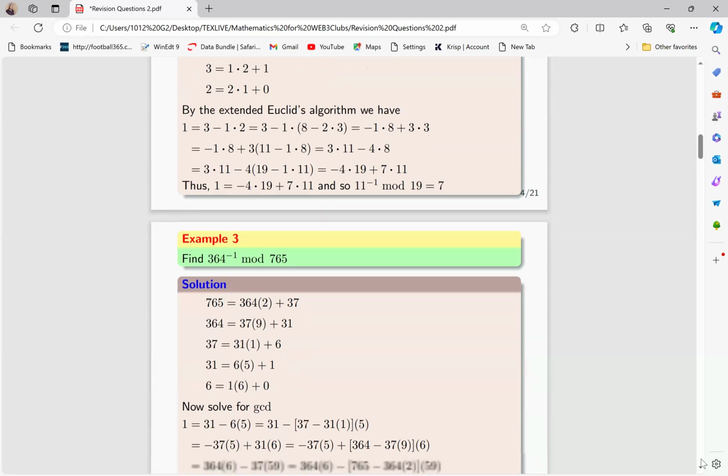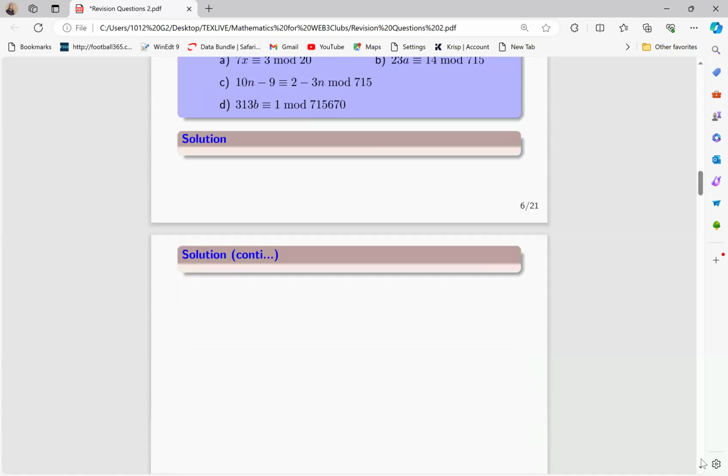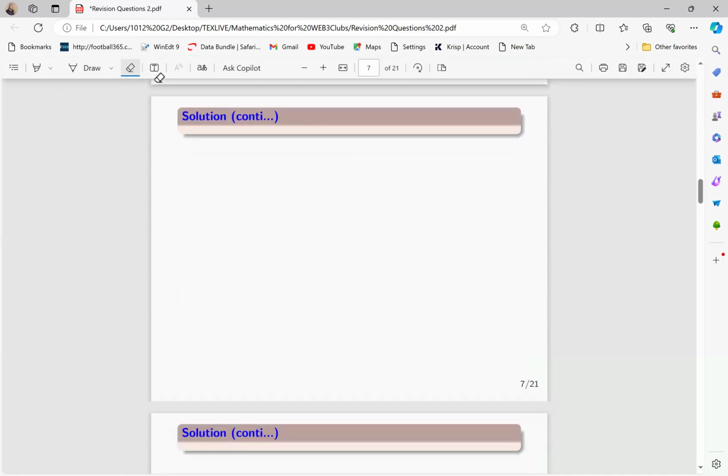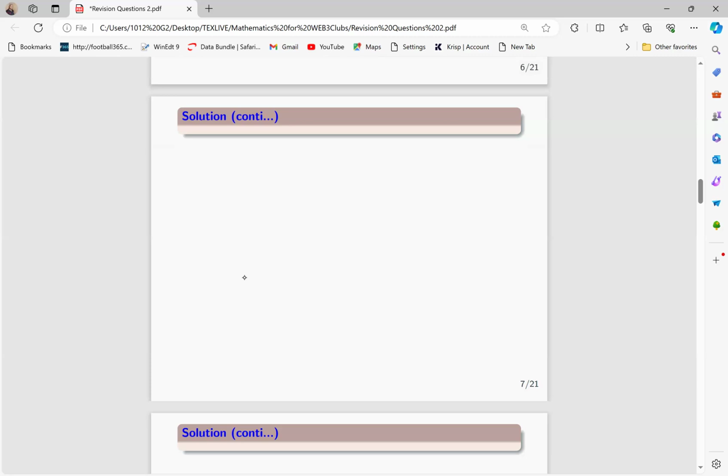Let me create a smaller question for you. I want you to come and find the inverse of 9 mod 23. Come and give us that.